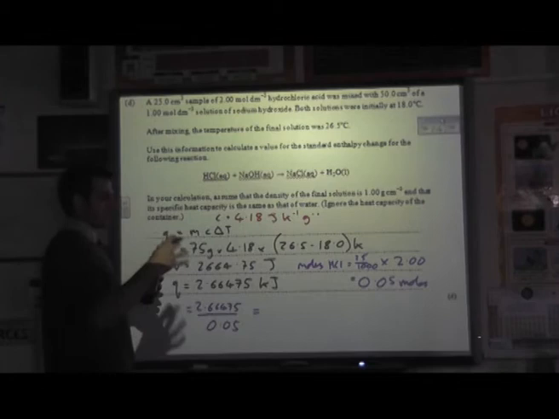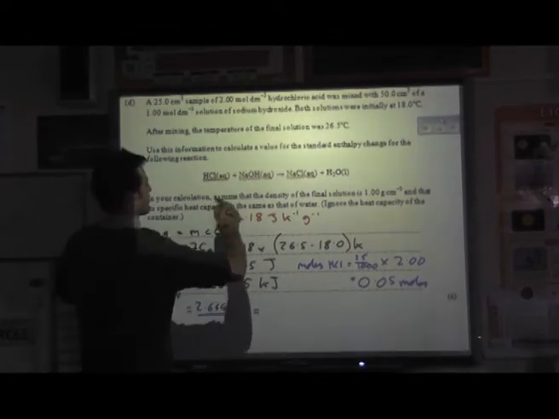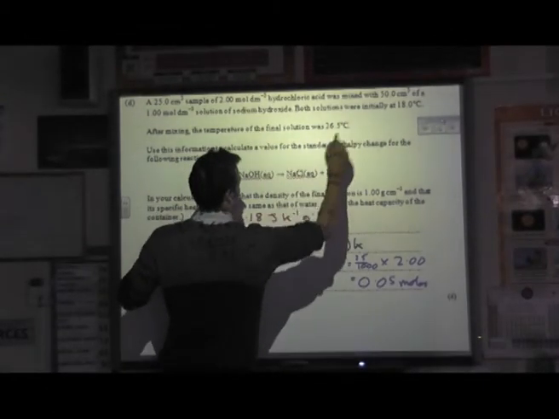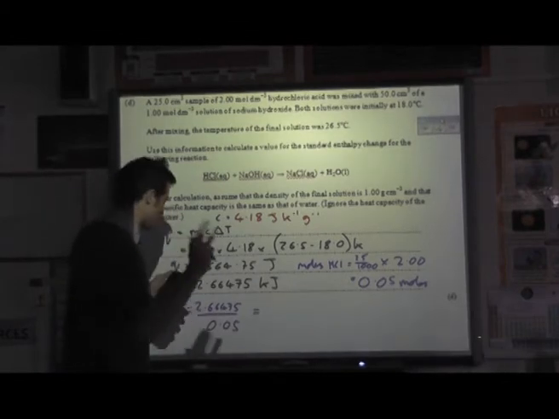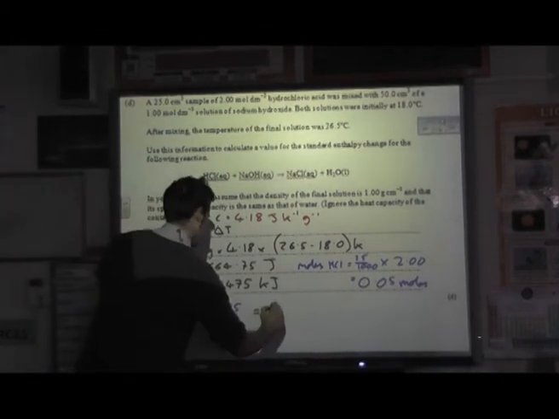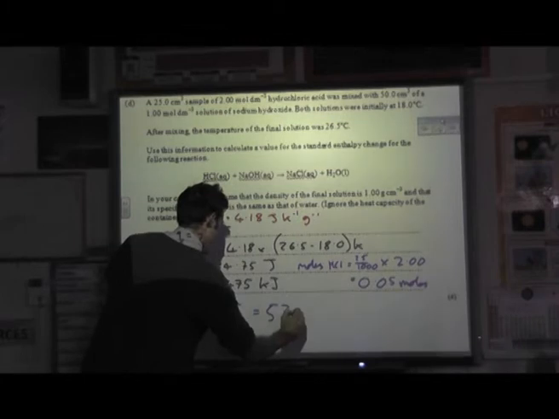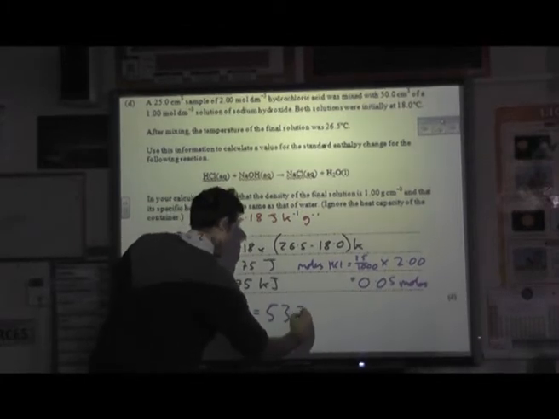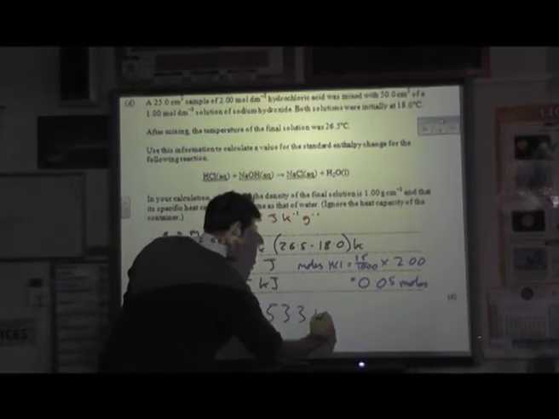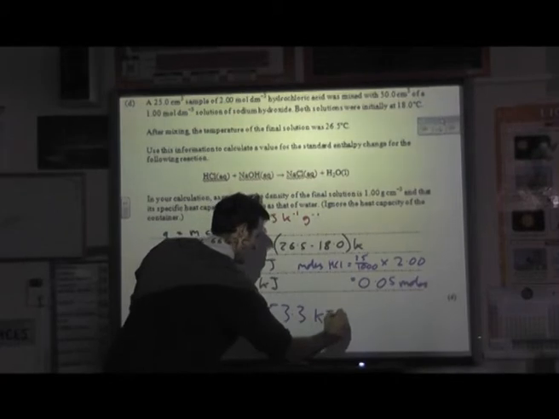Now we're going to give our final answer to the right accuracy. 1, 2, 3, all the way through, 3 significant figures, so I'm going to give it to 3. So I'm going to give 53.3, so the 9 rounds up, kilojoules per mole.